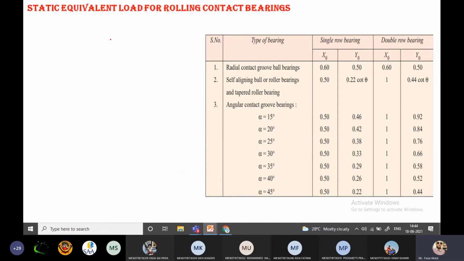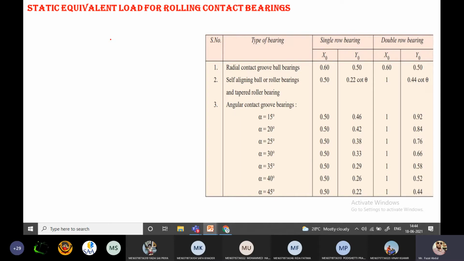In designing, first of all, coming to the definition: whenever we apply the radial load separately, radial load means for the radial bearings, whatever load we apply is subjected as radial load. If you apply the load for the axial bearings, that is the axial load.